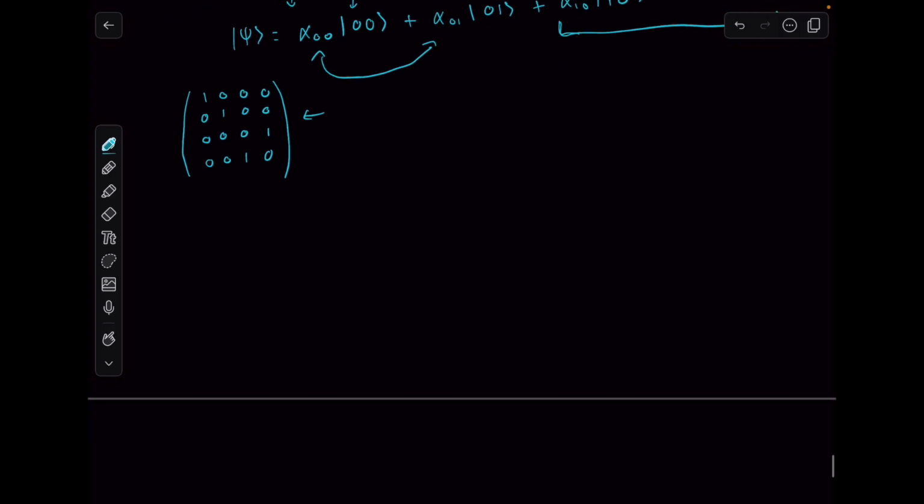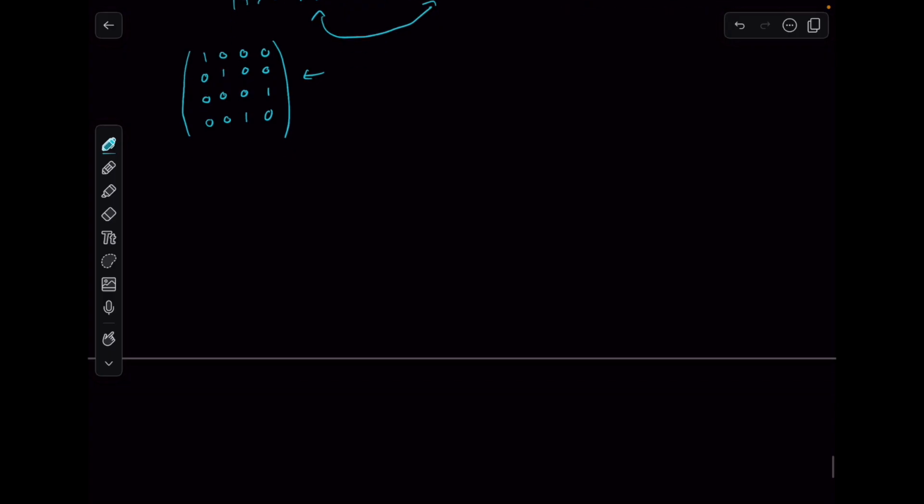Now we can return to this idea of quantum entanglement. How are we going to entangle the state of 2 qubits? So let's imagine we have this state, which is going to start out just in the 0 state, 0 tensor 0. And now what we want to do is put just the first qubit into a superposition.